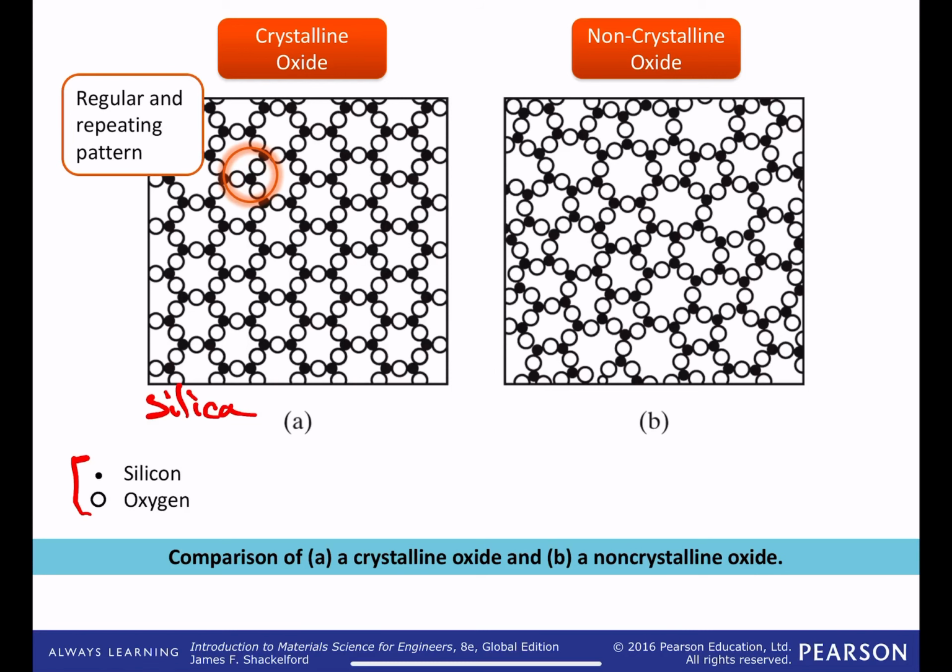Okay, so you see one highlighted here. This pattern can repeat itself in 3 dimensions, and we have interstitial sites in the middle of this pattern. So this crystalline oxide is very regular in its structure. In the case of silica, this is the basis for quartz, which has a really well-defined lattice of its silicon and oxygen atoms.